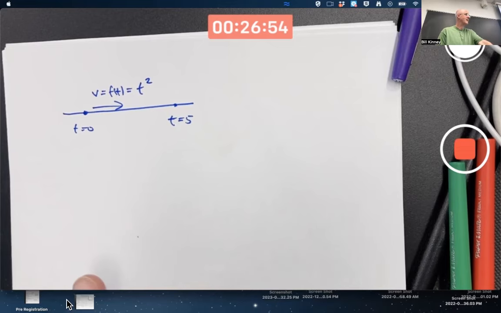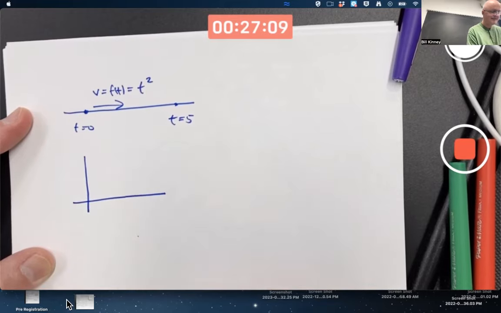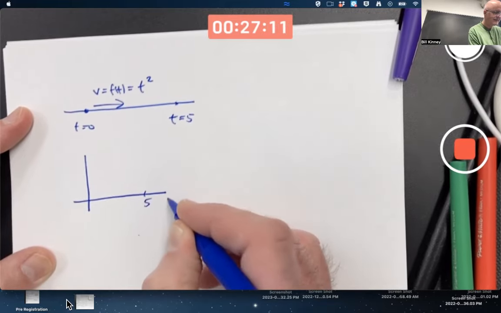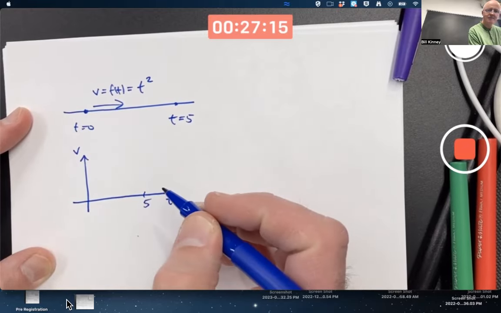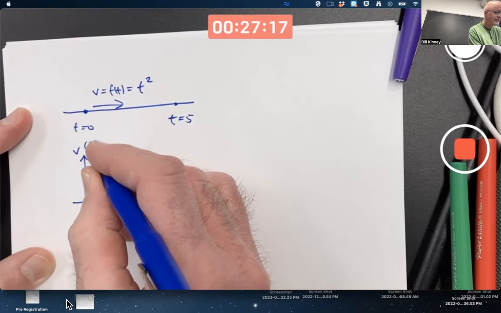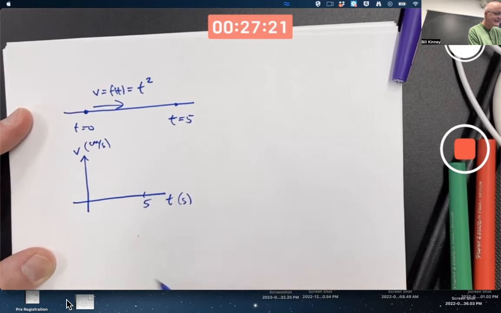So that's now the new speed, t squared. Not constant speed, not linear speed, quadratic speed. v is still in centimeters per second, t is still in seconds.